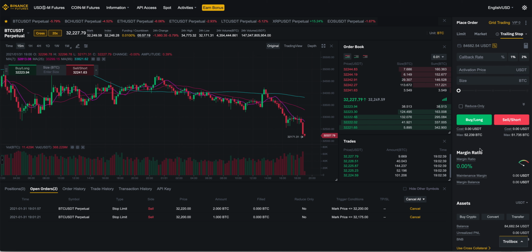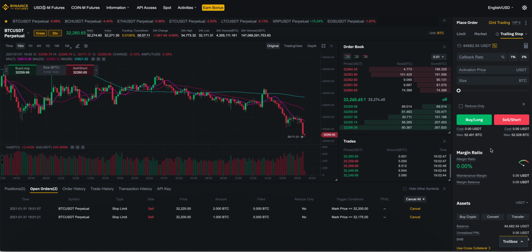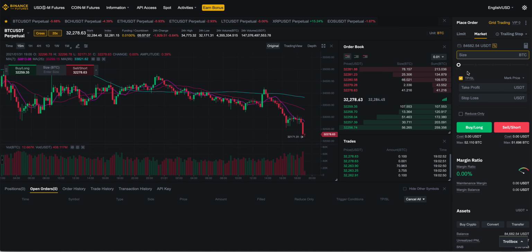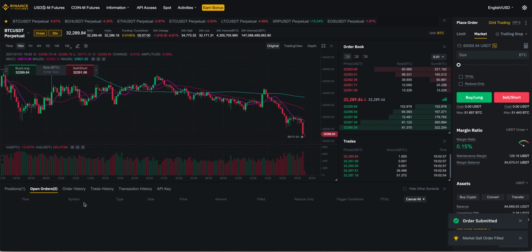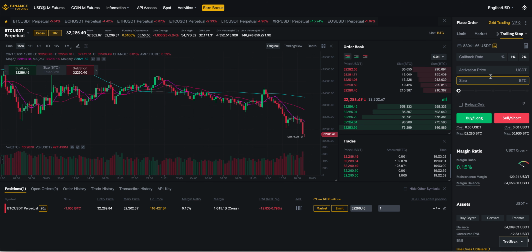The trailing stop. Don't really use it, but you may like it. So let's cancel all the open orders. Let's open a position. One short, one Bitcoin, and let's say I want an activation price, size.